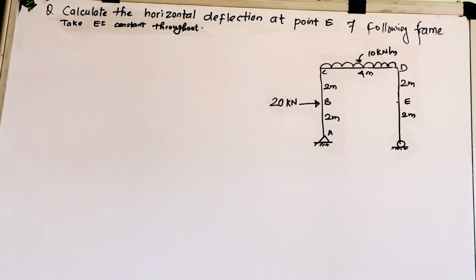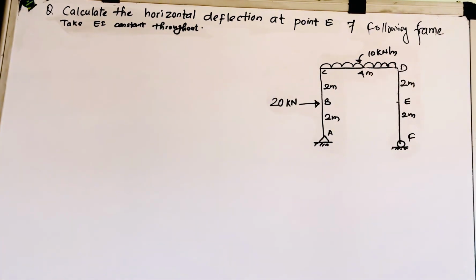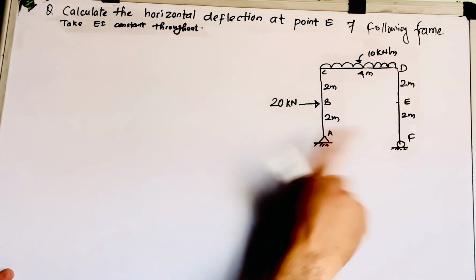So for that, let us see how we can do that. This is point A, B, C, D, E, F. At first, you need to make the real system and apply the load at the said position so as to determine the virtual system.